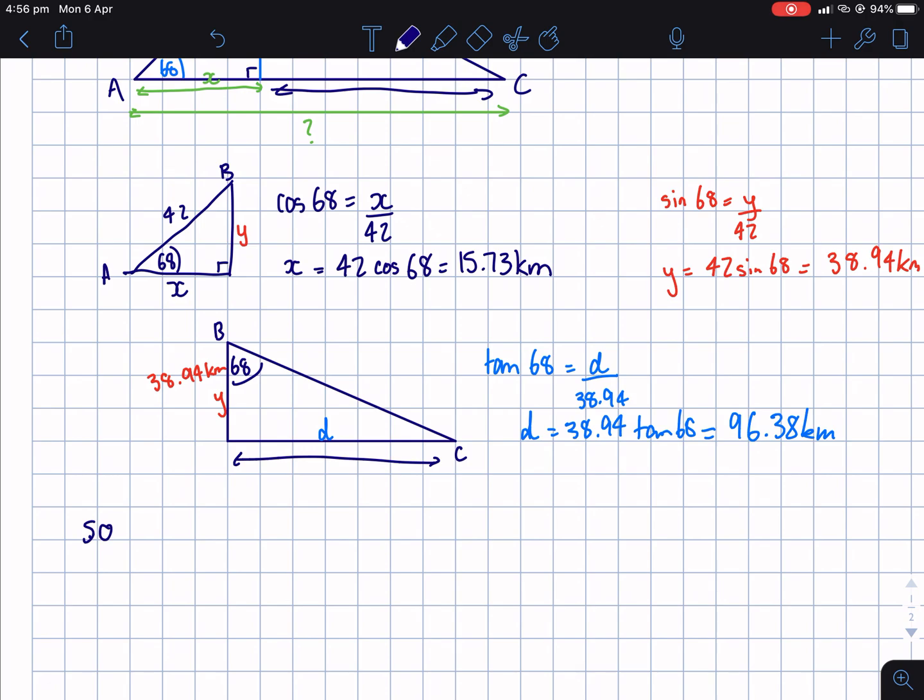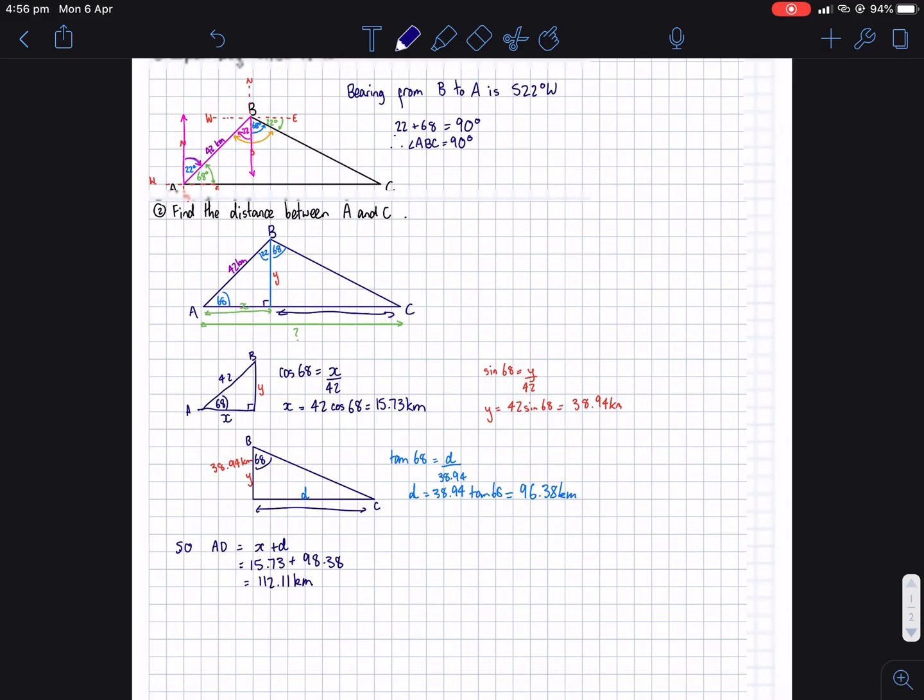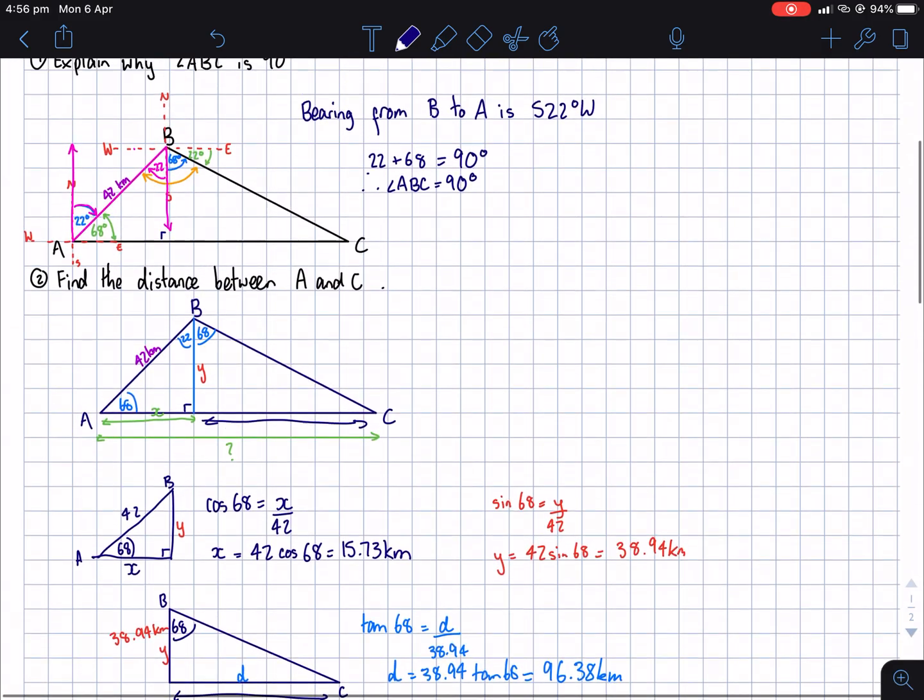So the distance from A to C equals x plus D, which gives me 15.73 plus 96.38, which is 112.11 kilometres. And that's kind of as hard as these questions get. They get a lot more abstract, frankly.